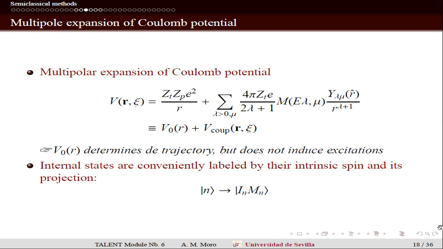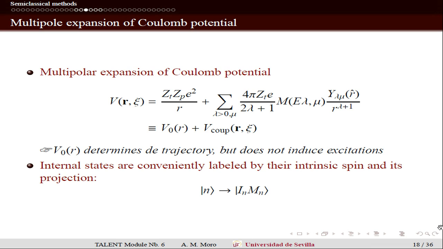In this specific case, remember, we can make a multipole expansion of the Coulomb interaction, and we separate the monopole part. The reason is that we will use this monopole part to calculate the trajectory, and then the different multipoles of the Coulomb interaction.